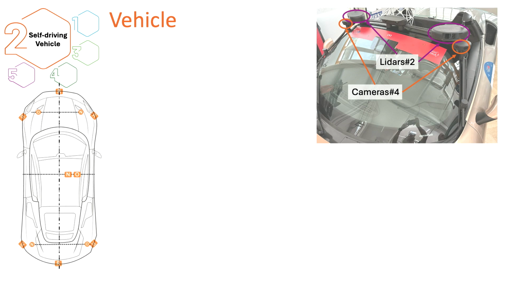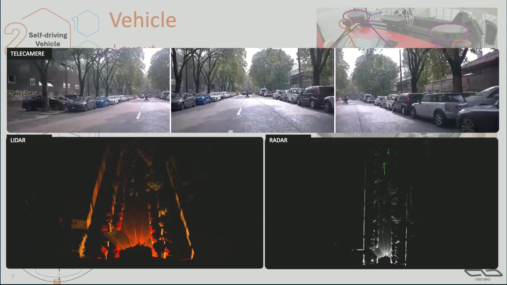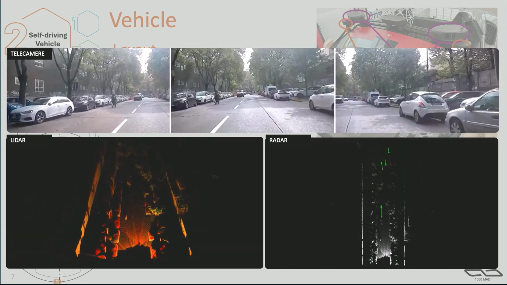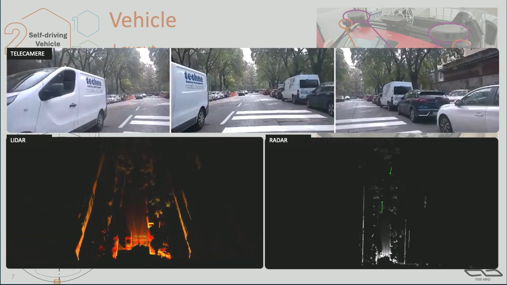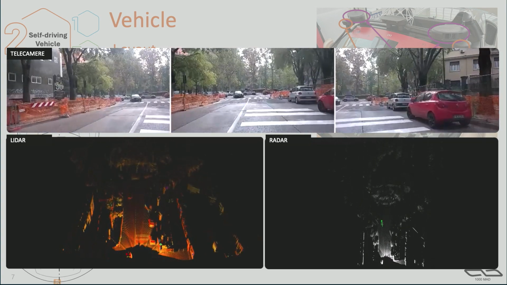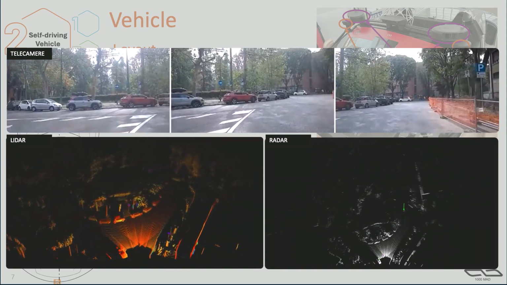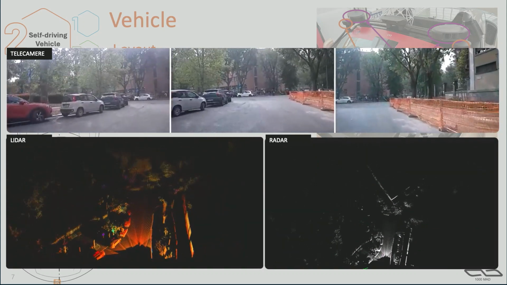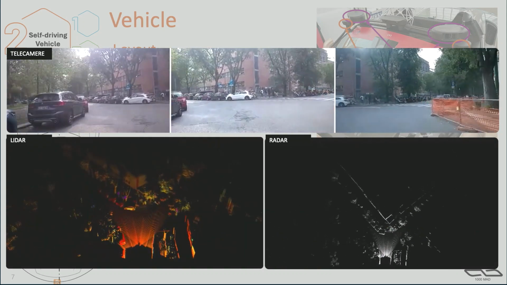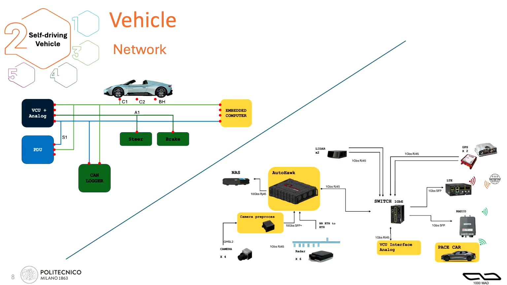These sensors allow us to acquire the camera stream, the LiDAR 3D visualization, and especially also the radar, so you can see the green arrow pointing the movement, the direction of the vehicles that are around the perception of the car.